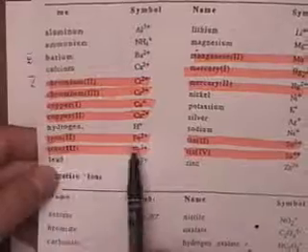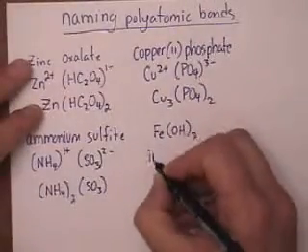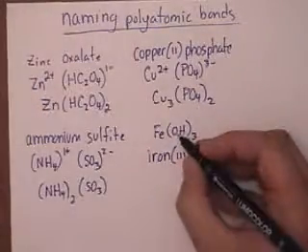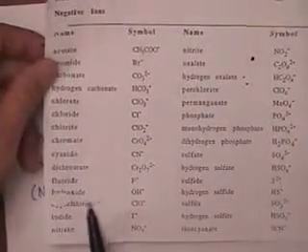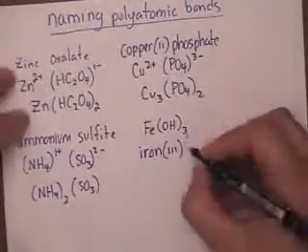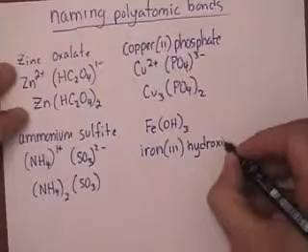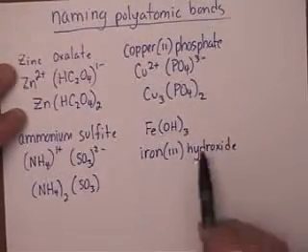There's iron. It's iron 3. So I'm going to actually call this thing iron 3, and then I have to look up what OH is. So you actually have to take your ion sheet out, look down the sides until you find OH. There it is, hydroxide. Iron 3 hydroxide. There. So all you're doing is writing the name of the polyatomic down.